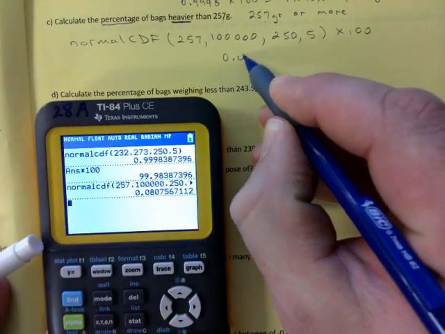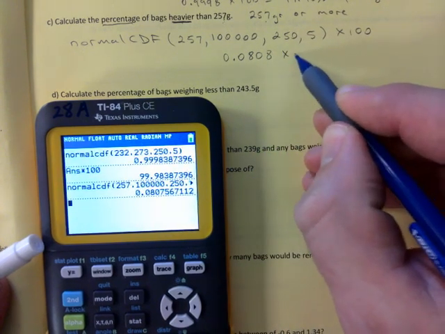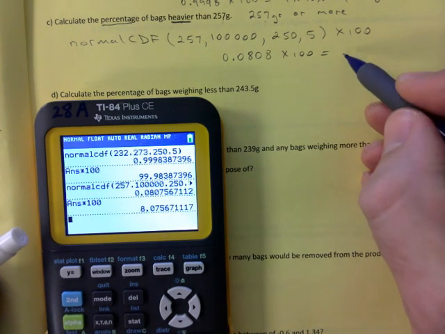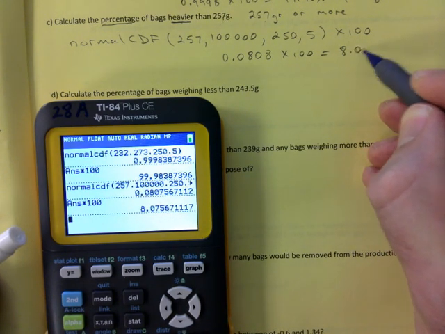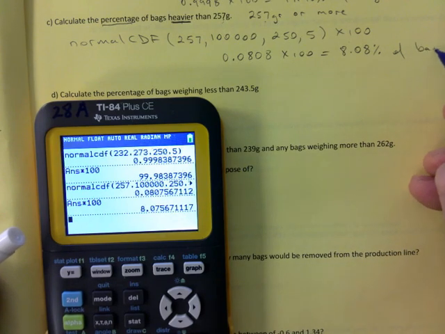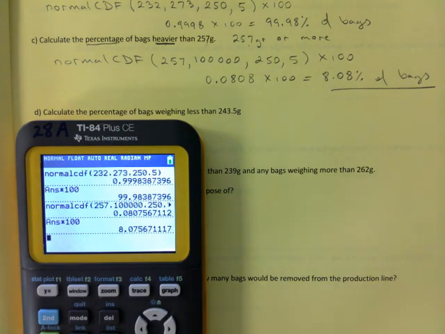So that's 0.0808. I multiply that by 100. So that's 8.08 if you round that, percent of bags. Not a whole lot of bags are expected to weigh more than that.